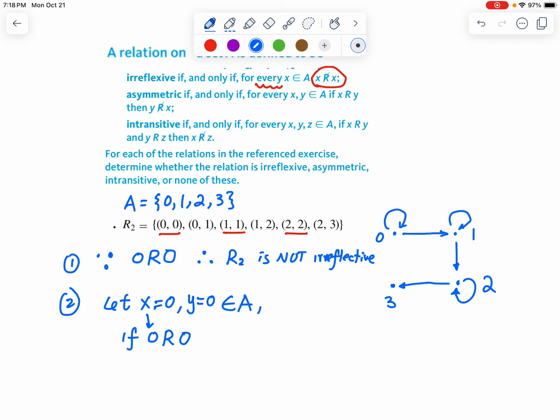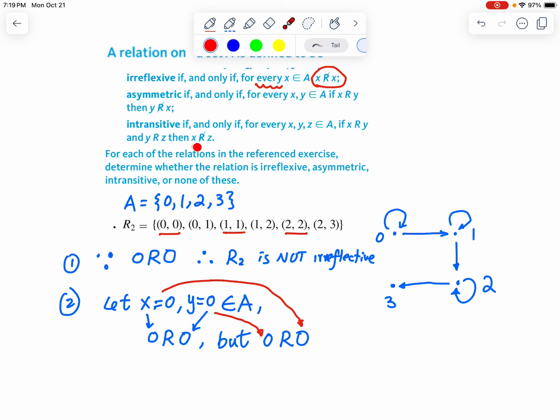However, at the same time, 0 is also related to 0, but this time the first 0 is my y, the second 0 is the x, right?